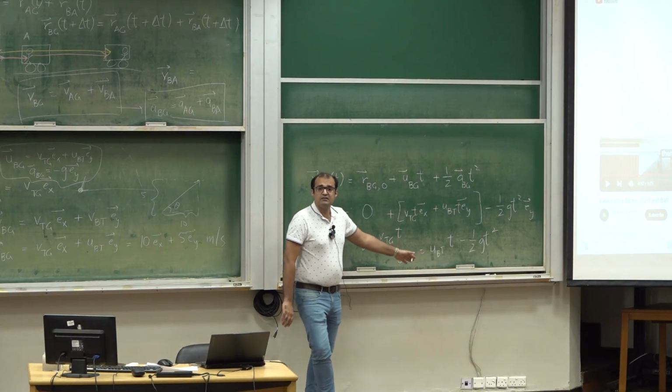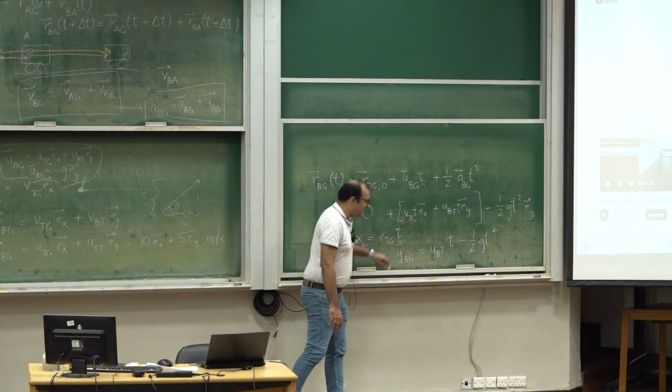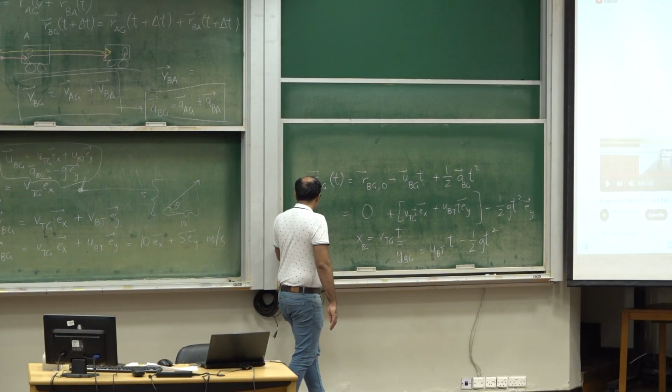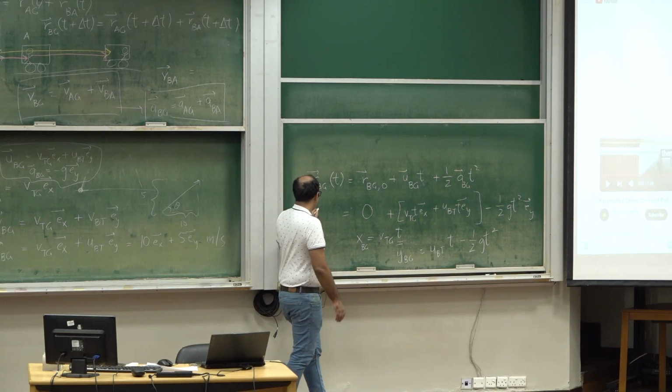अब पैराबोला नजर आ रहा है? ऑफ कोर्स नहीं नजर आ रहा. From here you can say that at any instant the time is linked to the x coordinate of the ball.